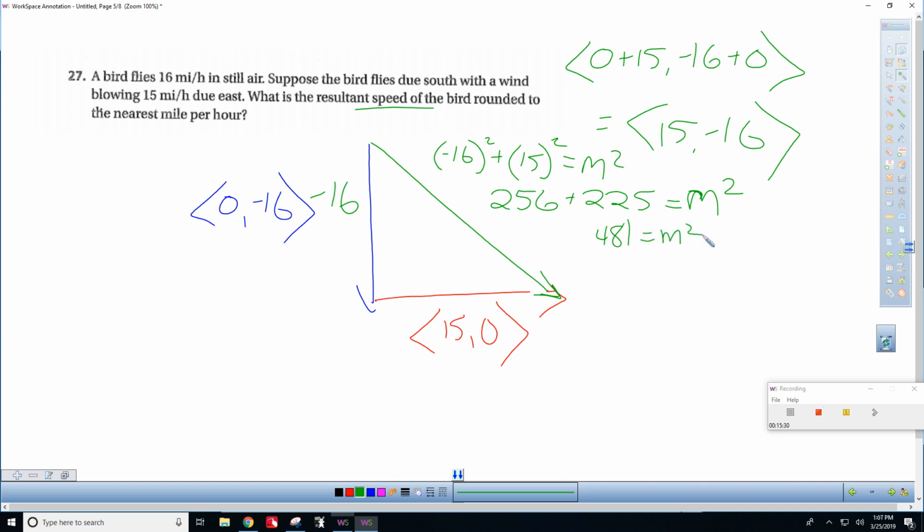And now we know that this thing, oh gosh, I'm using a borrowed calculator. I don't know how to use it, but thanks for leaving it around. Square root of 481.